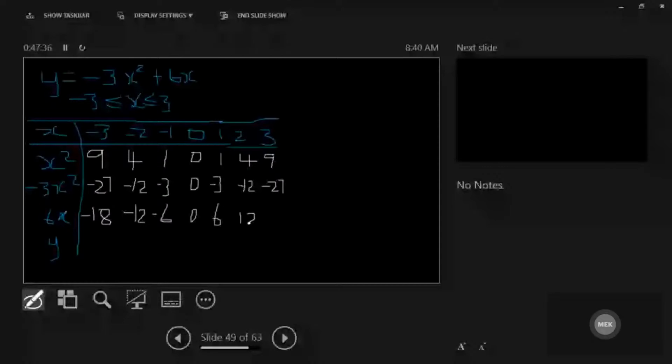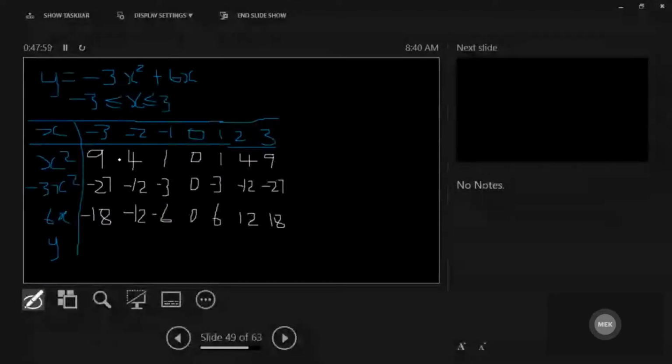And 6 times 3 is 18. So you notice these numbers here are negative because we're multiplying negative numbers by a positive 6. So we'll get negative numbers here. And over here, we're multiplying positive numbers by a positive 6. So the answers here will be positive.